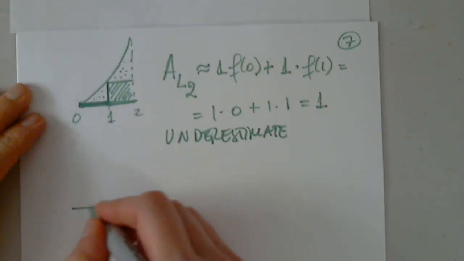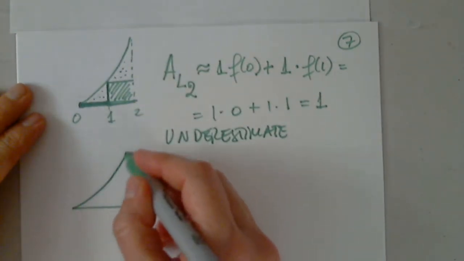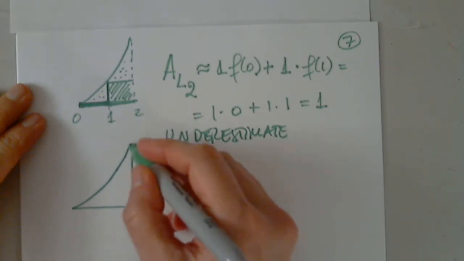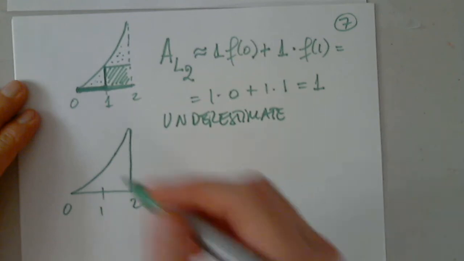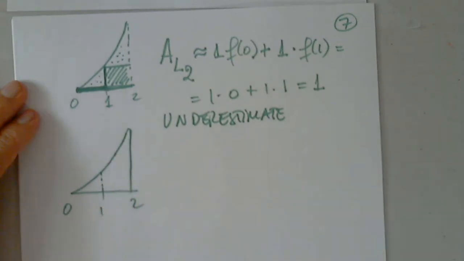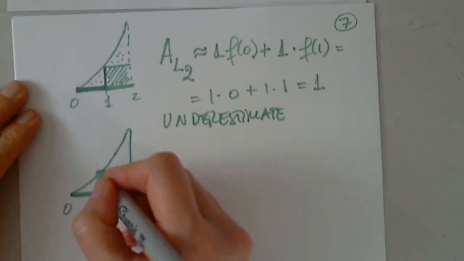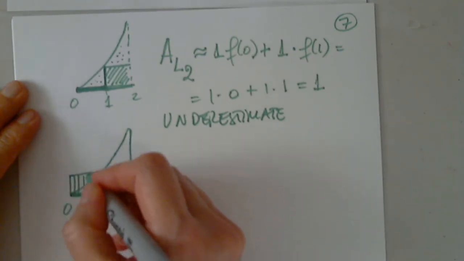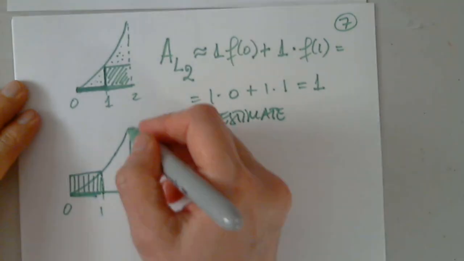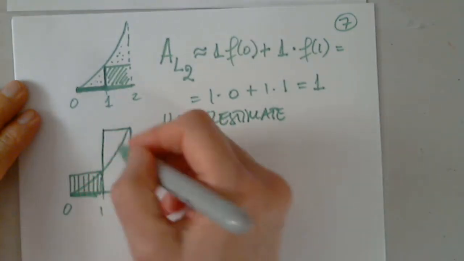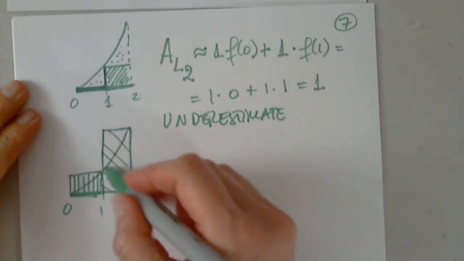Let's look at the same using the rightmost point this time. I still have 0, I still have 1, I still have 2, but this time I'm using the rightmost point. Base times height is the area of the first subinterval. Base times height is the area of the second subinterval.